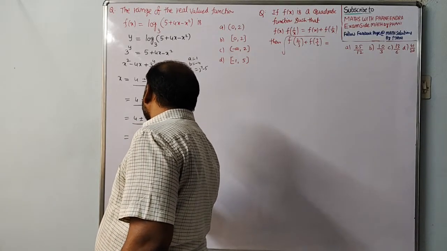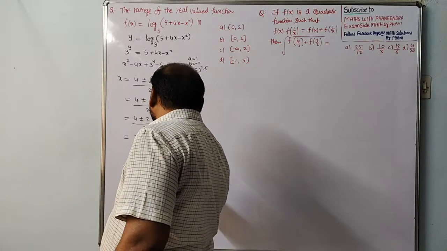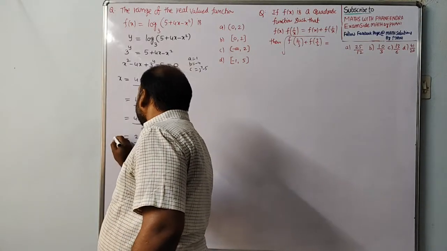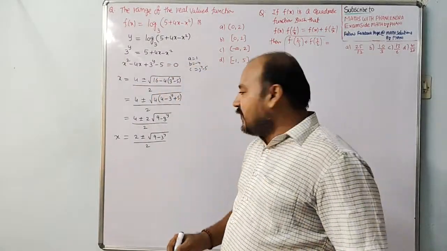Take 2 common and cancel: 2 plus or minus root of 9 minus 3 power y, by 2. This is x. I want the range of this function, no?